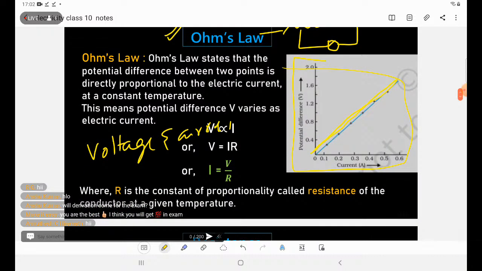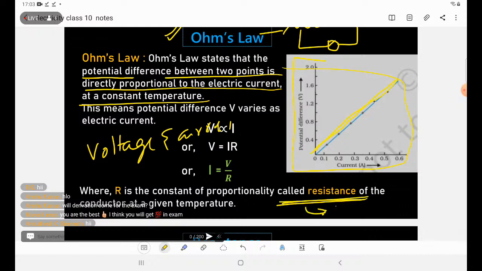What was that result? He concluded that the potential difference between 2 points is directly proportional to the electric current at constant temperature. When the temperature of a conductor is constant, there is no heat or cold.